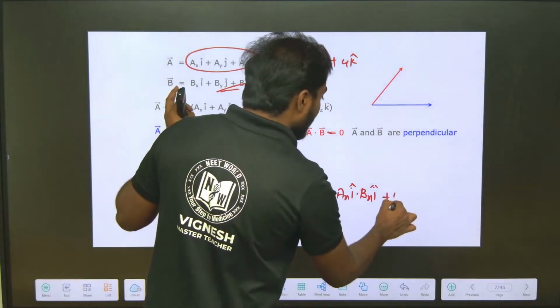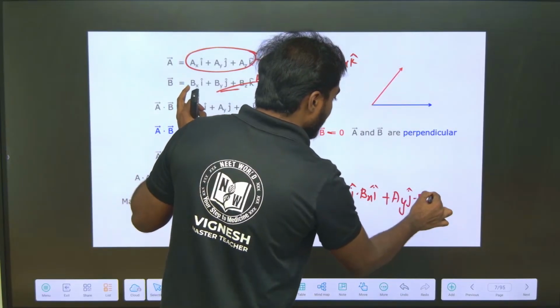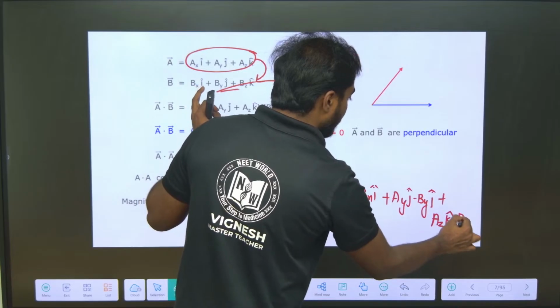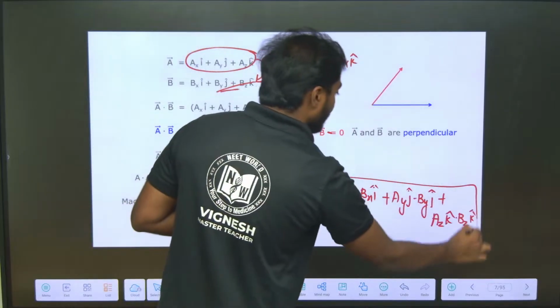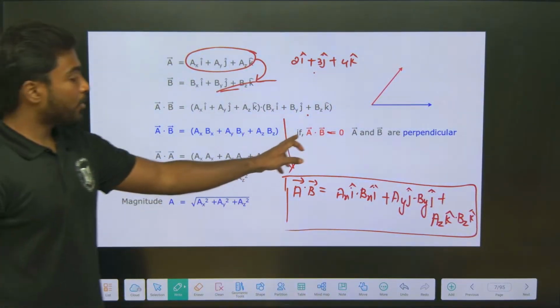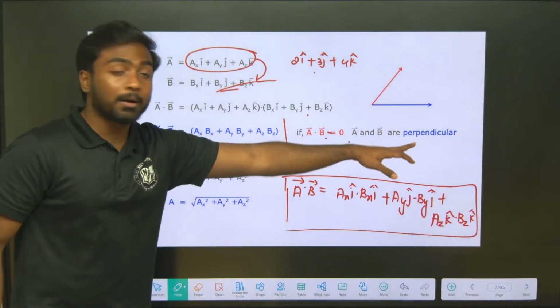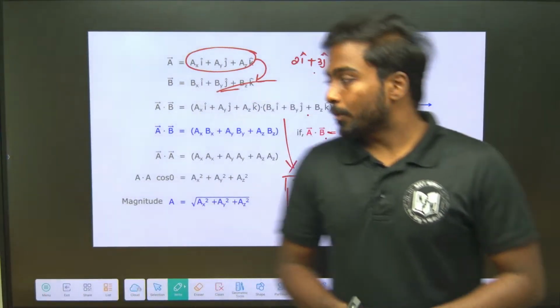I can say plus ay j cap dot by j cap plus az k cap dot bz k cap. So this is the thing I can easily remember, no? Yes. Okay. So if a dot b is equal to 0, then a and b are perpendicular to each other. Okay, this is the note point.